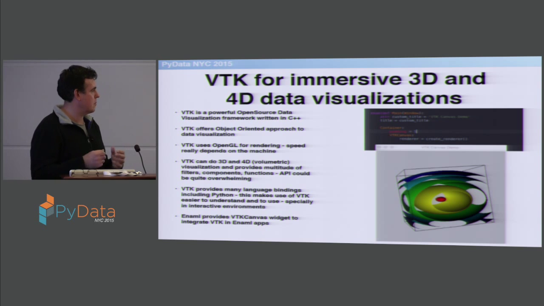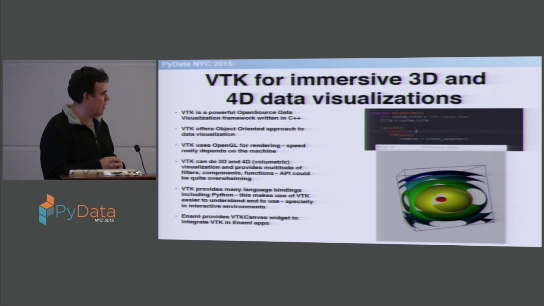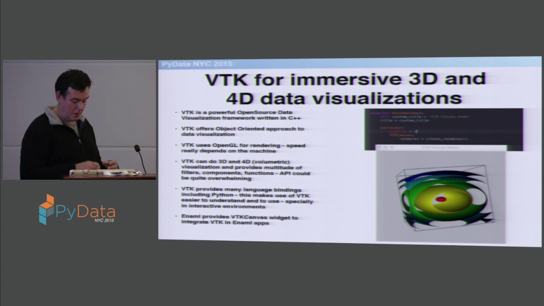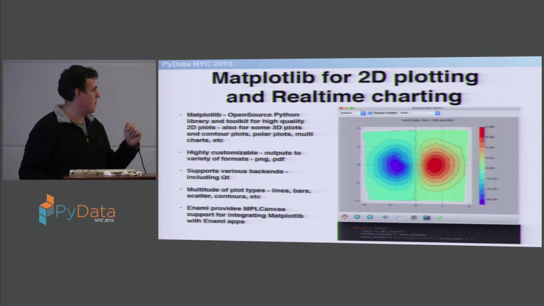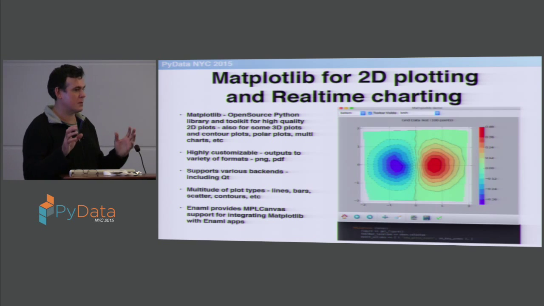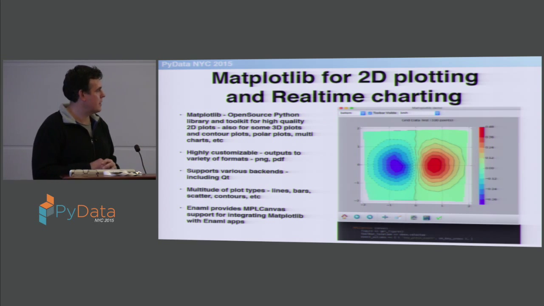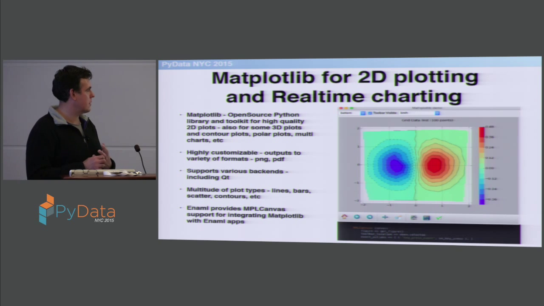So Python actually makes it very easy and allows you to play with the VTK on a deeper level. So this is the VTK we're going to talk about. And another one is Matplotlib that has been known for many years as well. There's a lot of talks about Matplotlib everywhere you go. There was a good one yesterday.